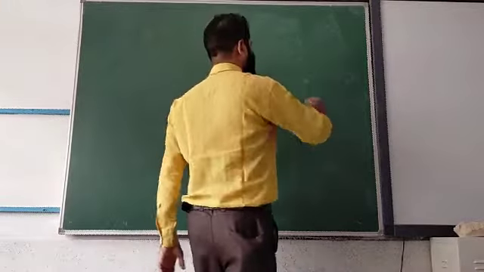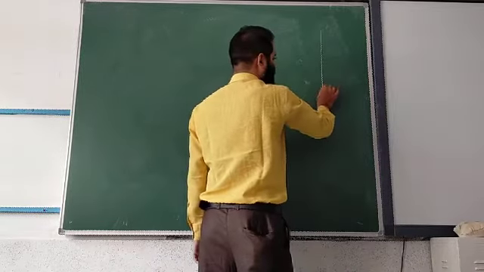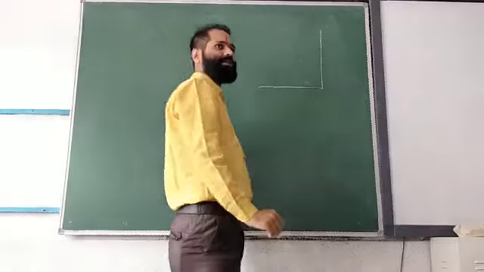A 1.5 meter tall boy is standing at some distance from a 30 meter tall building. See properly how to construct the diagram. Let us suppose that this is a building. A boy is standing at some distance.